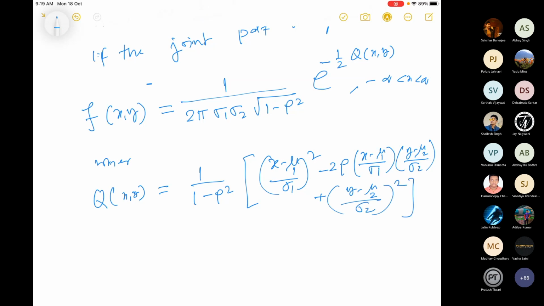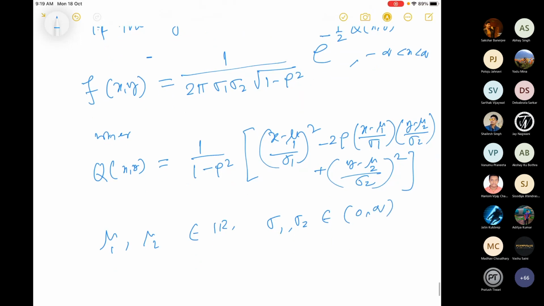It is just like the standard one, but with 4 parameters. Here mu1 and mu2 can be any real numbers, sigma 1 and sigma 2 are positive, and rho is the correlation coefficient, which is between minus 1 and 1.